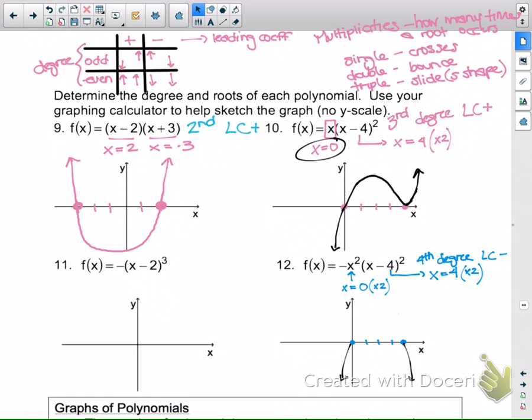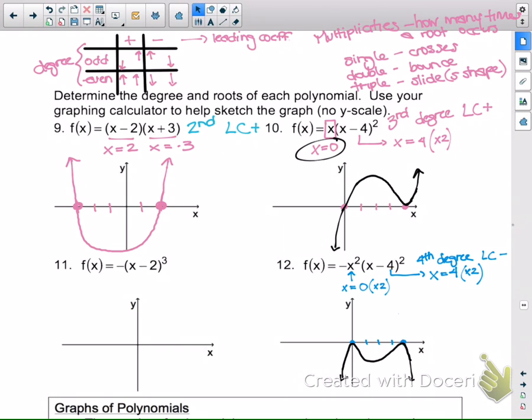And what's the behavior at both roots? Double root, which is a bounce. So that means it does not cross through, it stays on the same side. So what does that kind of look like? As I come up to 0 here, bounces at 0, comes back, bounces at 4, comes back. So it never actually crosses over, it kind of makes an M shape. So just always remember at a double root, it's never going to cross through, ever.